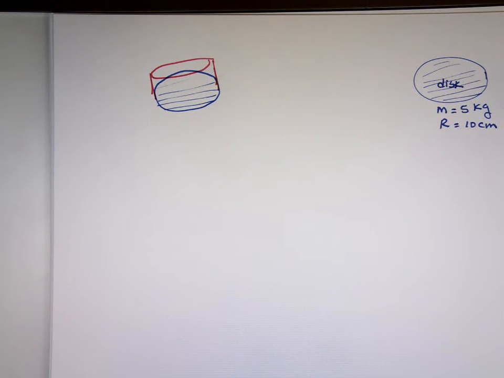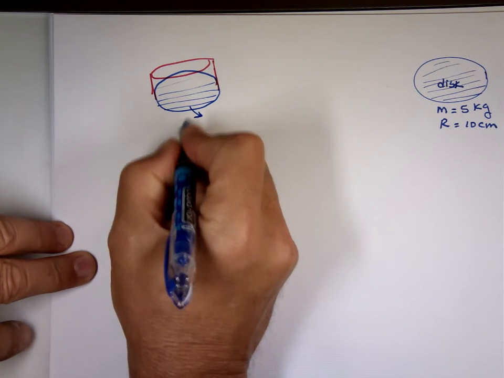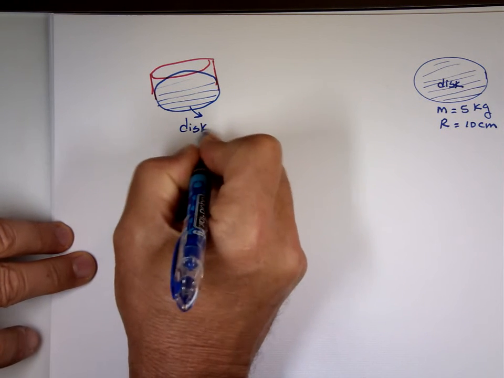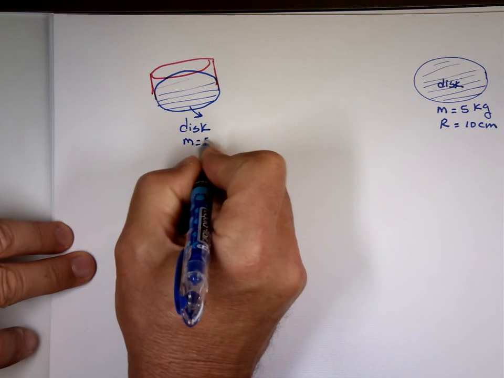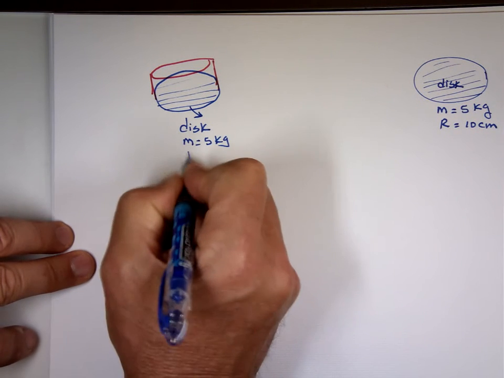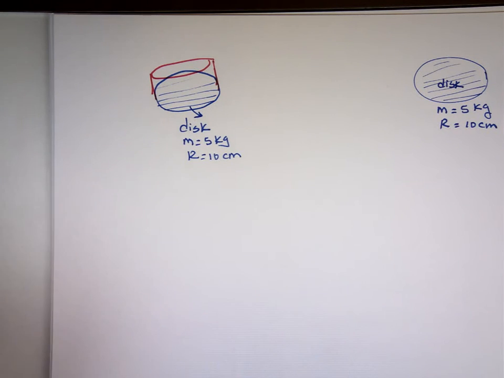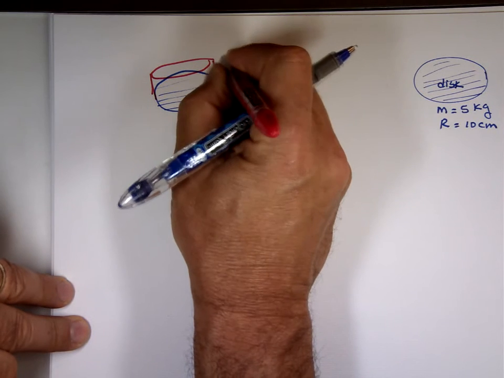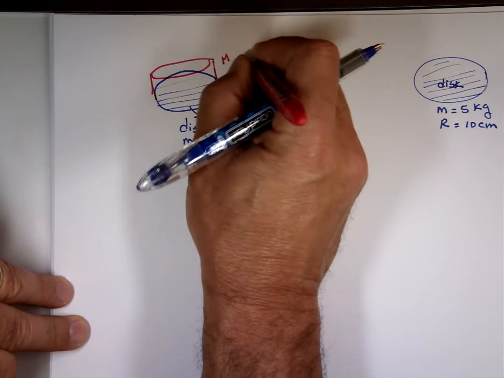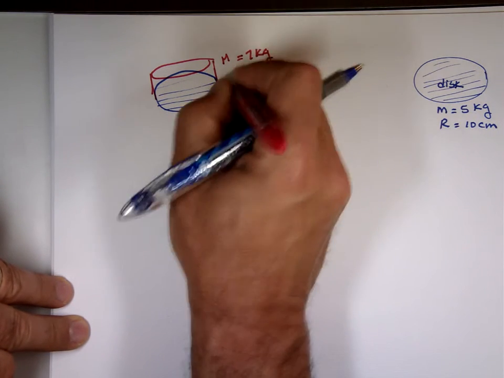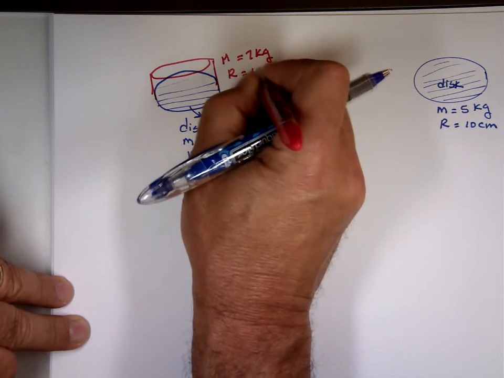The bottom piece is still a disc with mass equals 5 kilograms and radius equals 10 centimeters. But the hoop that we drop on top of it is also heavy. I'll give it a mass of 7 kilograms and the same radius, the same size. That just sits perfectly on top of it if you drop it.